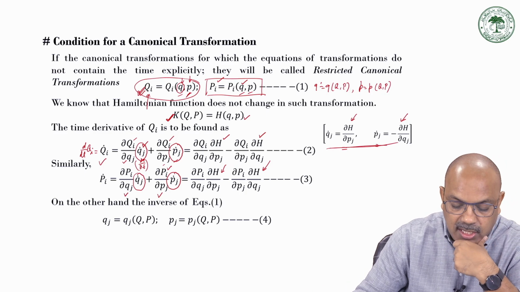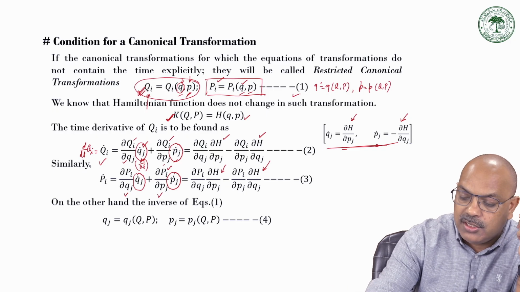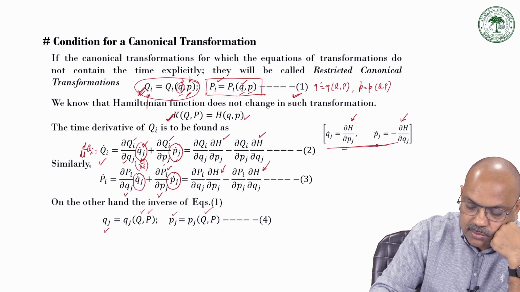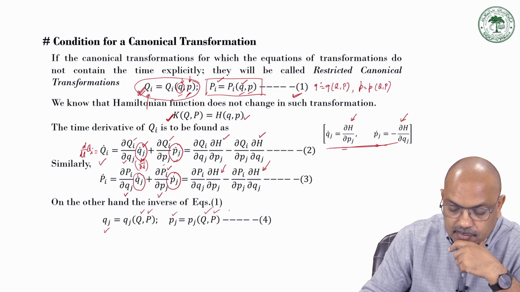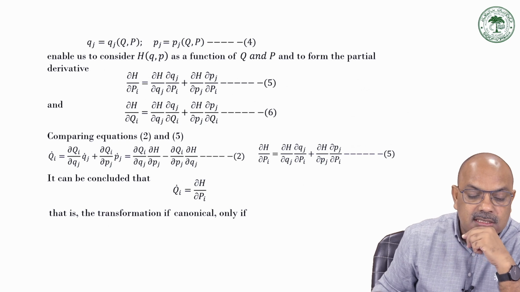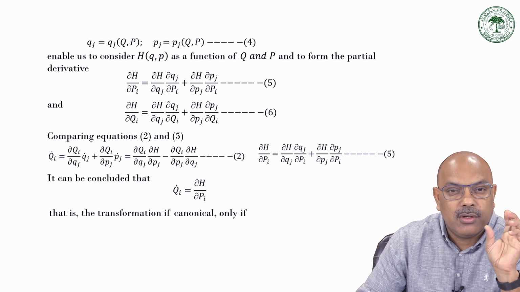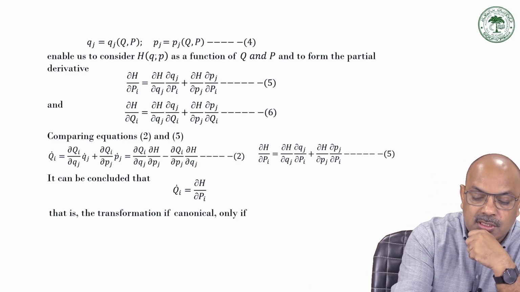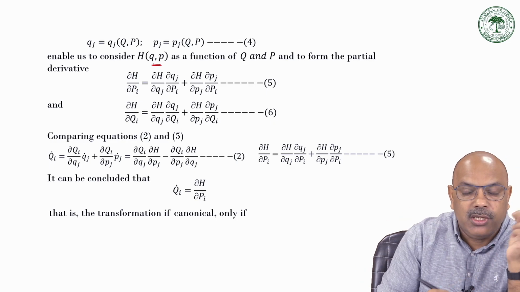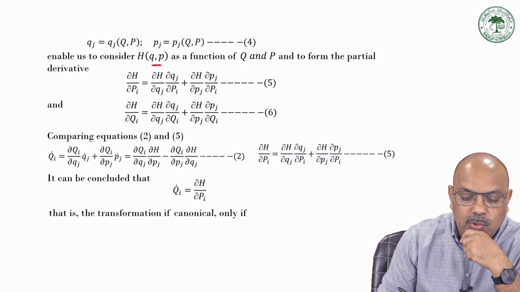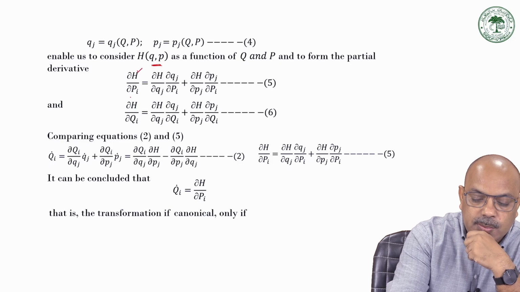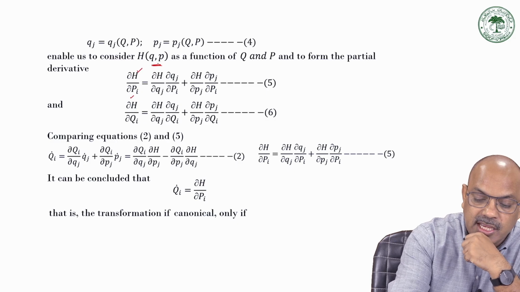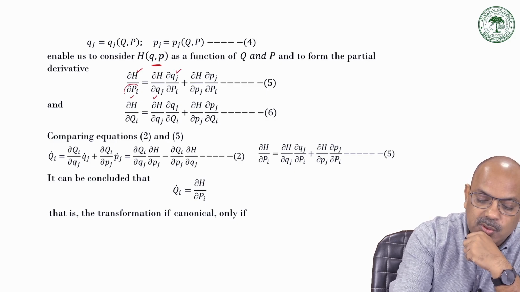On the other hand, for the inverse of this equation, as I have already told, I can have small q and small p in terms of the new coordinates. This enables us to consider H as a function of capital Q and P. Because the old Hamiltonian H depends upon the old variables q and p, if I want to find H with respect to the new variables capital Pi, then H depends upon q, and then q with respect to this Pi.